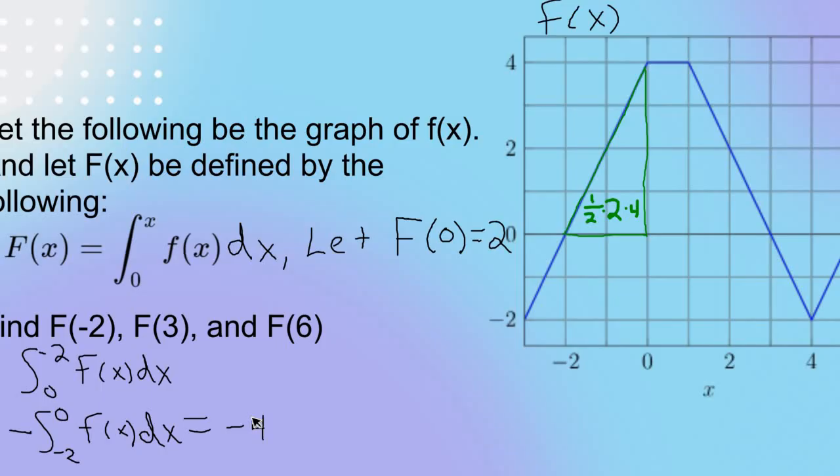Okay, now we do have to be careful though, right? Because remember that when we take integrals, because this is now an accumulation function, it's a little bit different than our original FTC. I do have to worry about my initial condition because we started saying that our big F of 0 equals 2, yes?